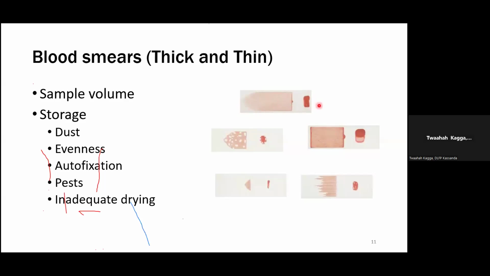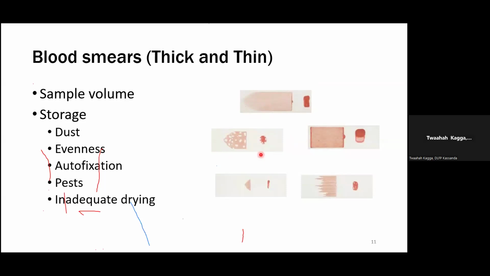Only that for this first one, the thick film is too near the edge of the slide. You might even fail to get where to label on this slide. But on this slide here, they put much volume of blood so that the person who made this smear could not even make the thin film. The tail was not seen. The tail is this somehow pointed end of the thin film.